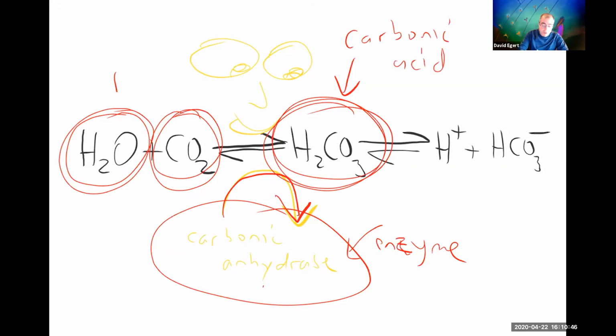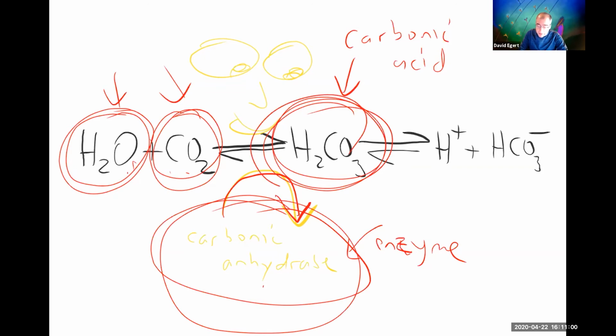So the 2 ingredients are just waiting. There's lots of water, 92% of your plasma, and the CO2 is coming in because of the pressure gradient. Then once they are together in the presence of this enzyme, it creates carbonic acid.